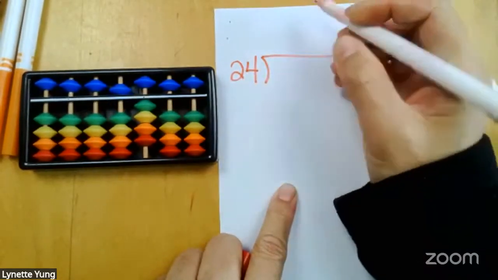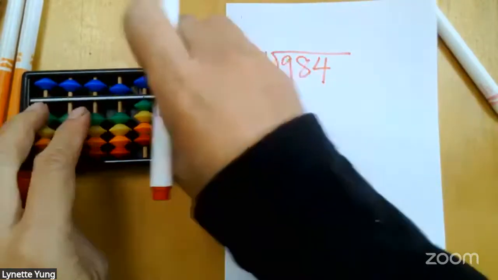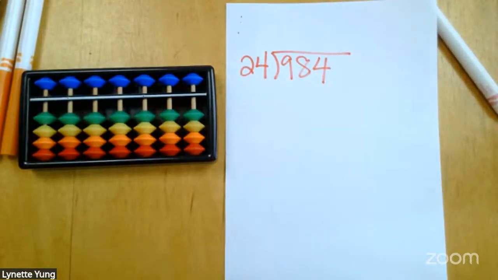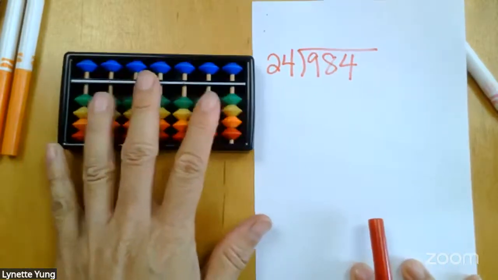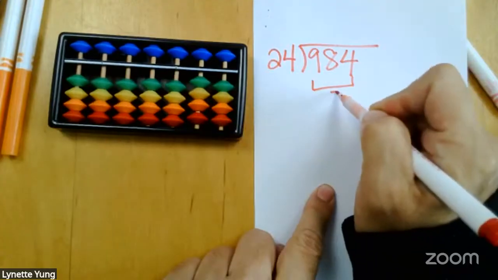Okay, 24. Let's see if I can get this a little bit better. You have 3 dividends and 2 divisors, which is 3 minus 2, which gives you 1.